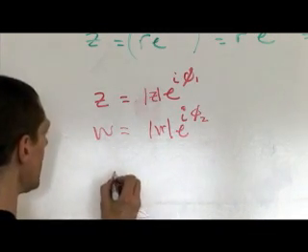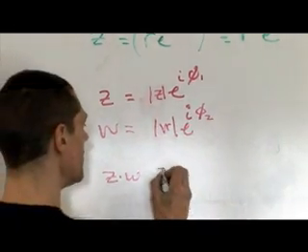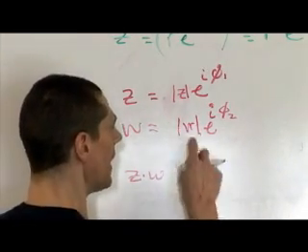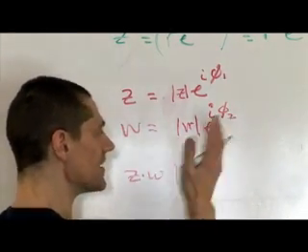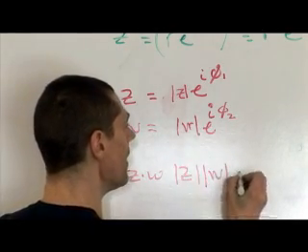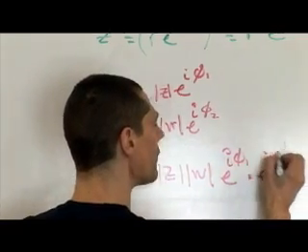What is z times w? Well, this is going to be the absolute value of z, the modulus of z, and these are real numbers, so these are coming out to the front, right? So the absolute value of w, e to the i theta 1 times e to the i theta 2.